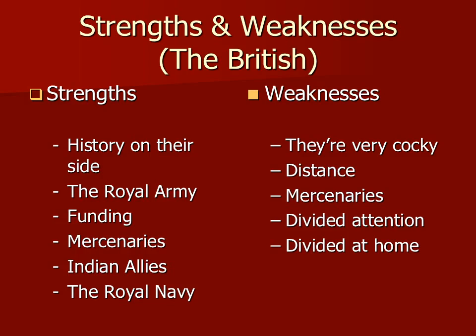The third weakness concerns those mercenaries. While mercenaries is a strength for the British, it's also a weakness. And the reason for that is that mercenaries fight for only one reason. They fight purely for money. They do not fight for love of country. They do not fight for God and king and all that good stuff. They're not fighting to defend their homes or anything like that. They're fighting simply for money.